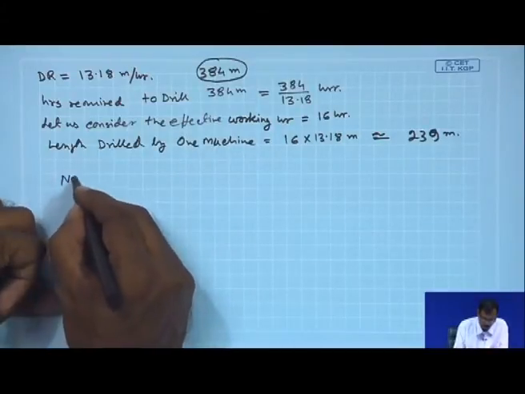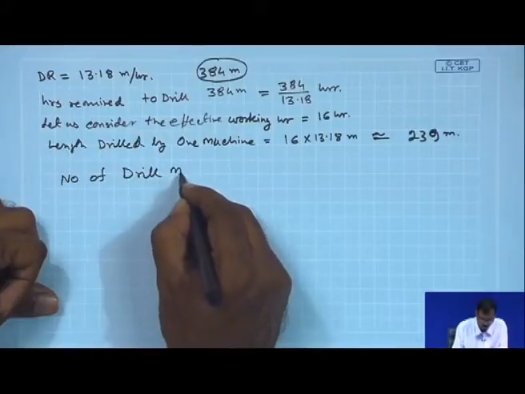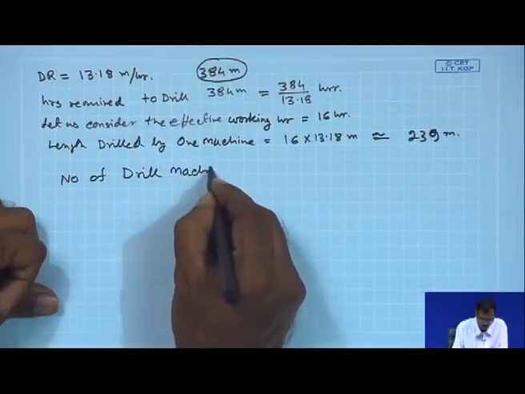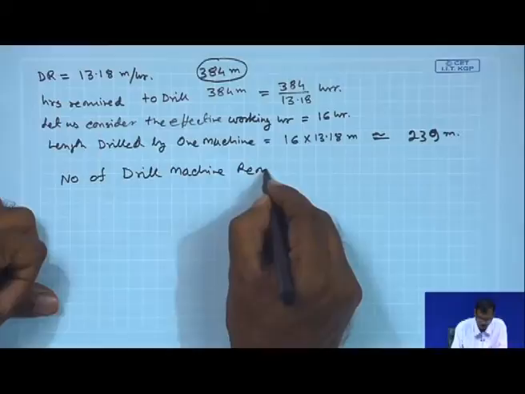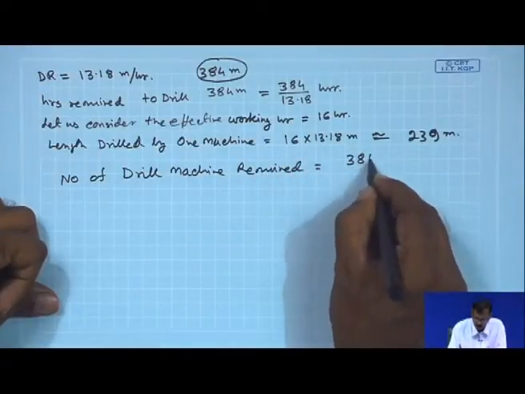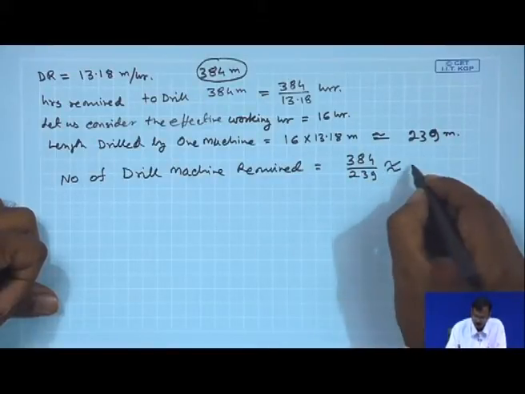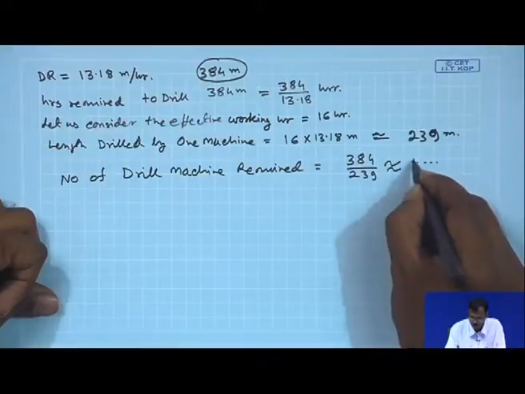So the number of drill machines required is 384 by 239, which comes to 1 point something.